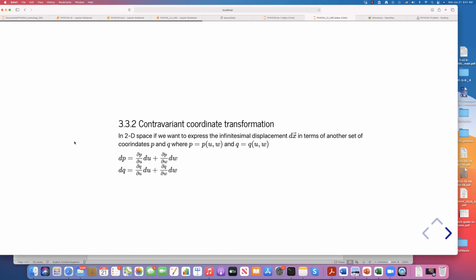That's what you see here. If you replace this x'j by p, it will be right here, and then you have ∂p right here, and then you sum over u and w. So those are the two summed indices, right? That's how you understand it.